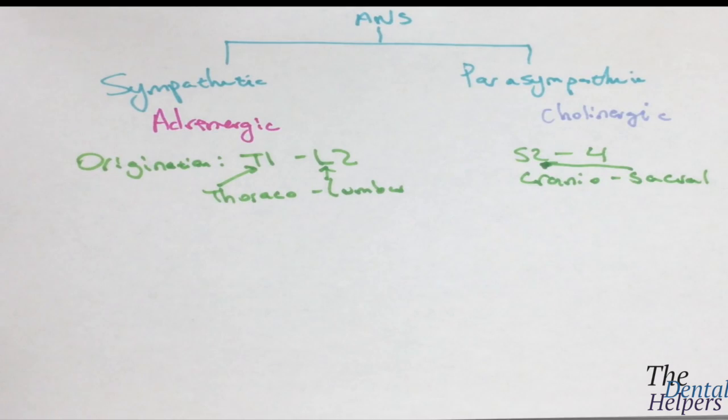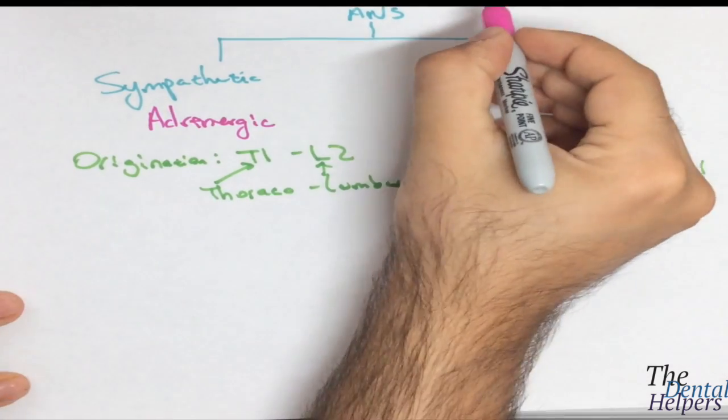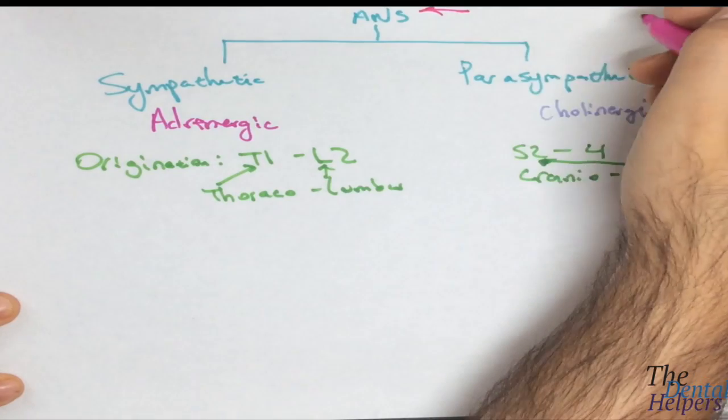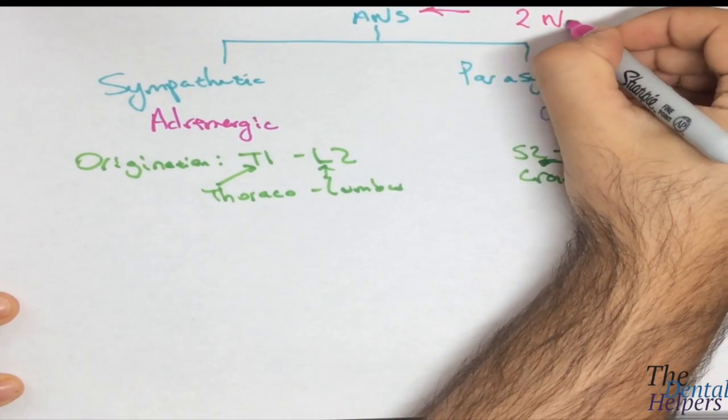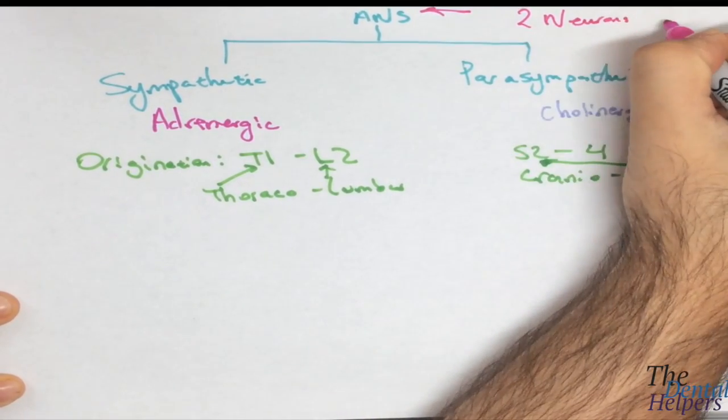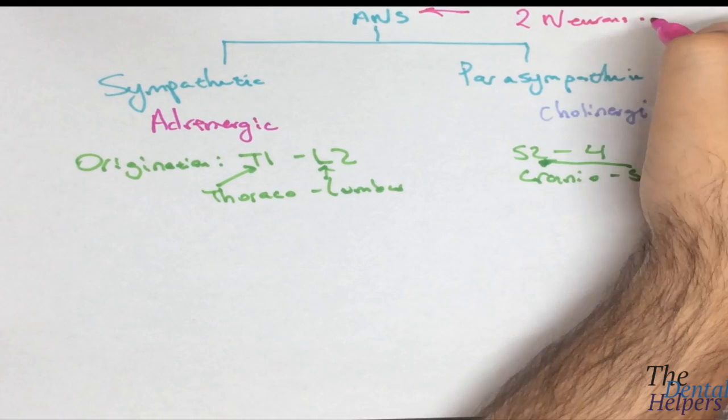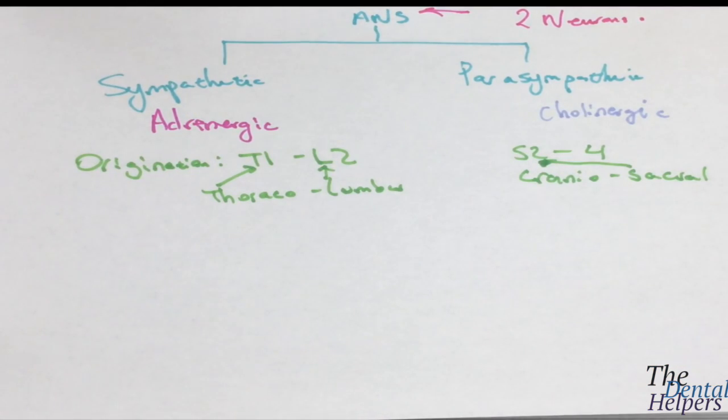And basically, what other thing that you have to know about the autonomic nervous system is that it is going to use two neurons and synapses to attain the peripheral target.